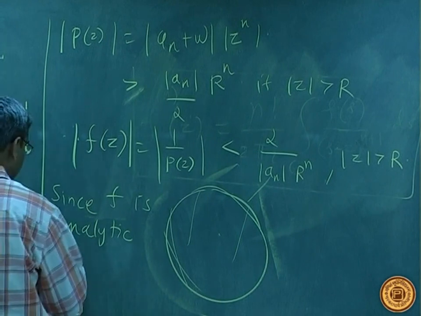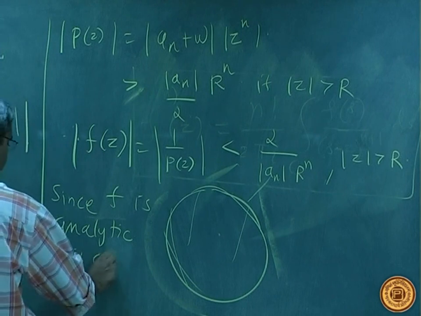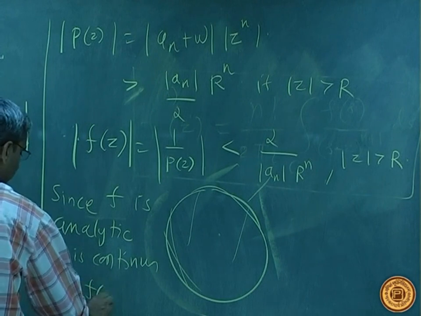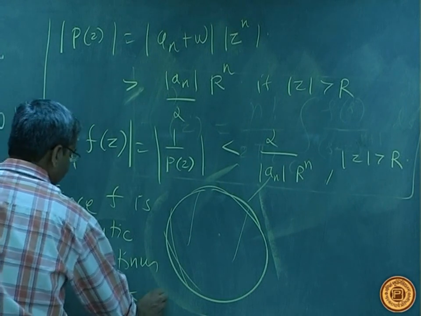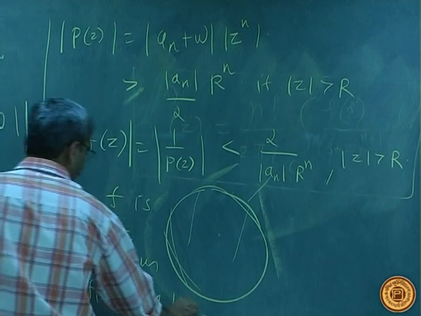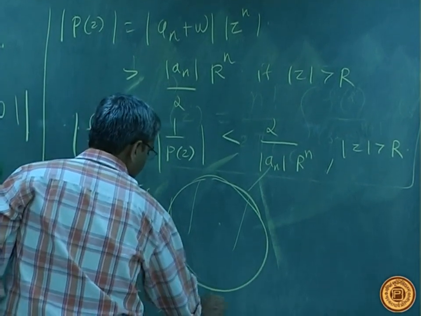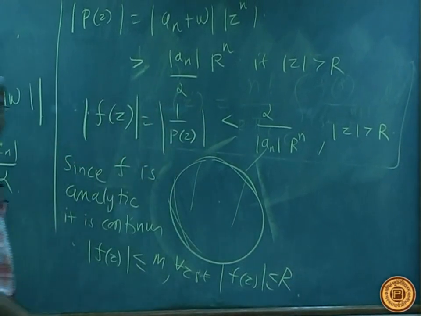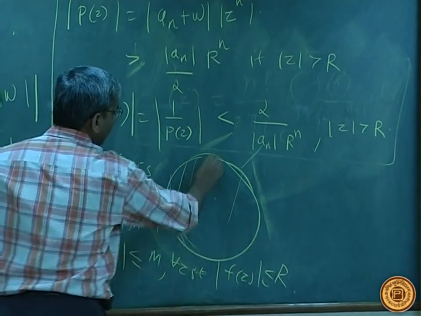Since f is analytic, it is continuous, and therefore mod f(z) is definitely less than or equal to M for all z such that mod z is less than or equal to r. So inside this disk, definitely it is bounded.